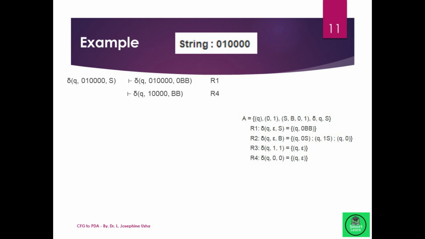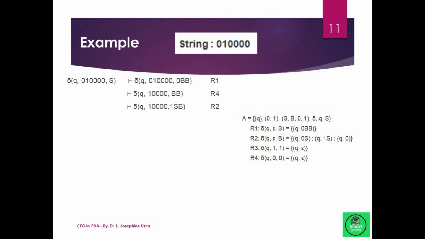Now we check. The input symbol is 0 and the current top of the stack is 0, so both are matched. You have to pop the symbol from the stack. The remaining input is 10000 and on top of the stack we have the symbol B. B is replaced by its production 1S, based on rule R2.